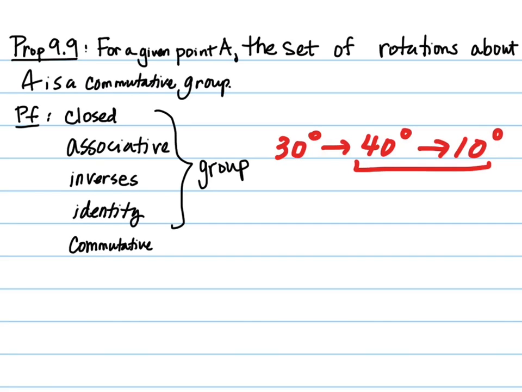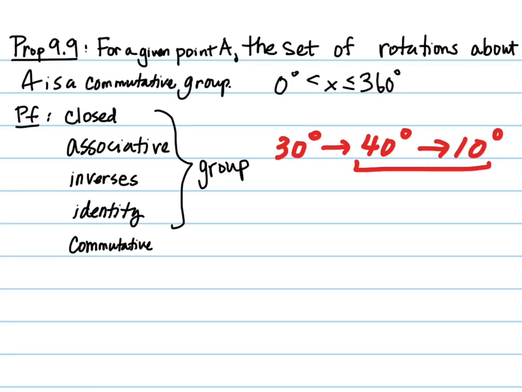Inverses. Does every rotation have an inverse rotation that takes a point back to its original location? Yeah, even if we fix our rotations to go from 0 to 360. So what would be the inverse rotation of 100 degrees? 260, exactly.